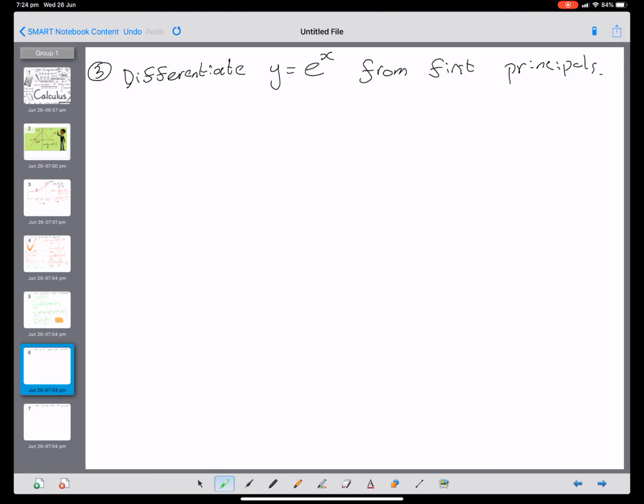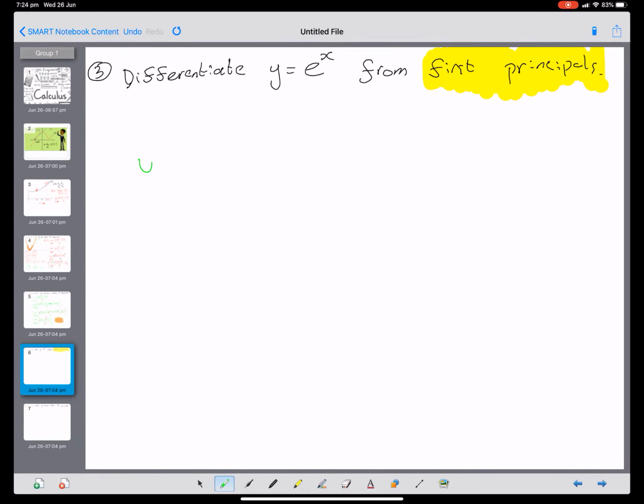Now, this is just a quick note, and this is really important. We only use first principles if we're asked to in the question. So if it says differentiate e to the x, you would just use your normal way of differentiating. If it says from first principles, you must use first principles. Okay, so let's go. Let's make a start.